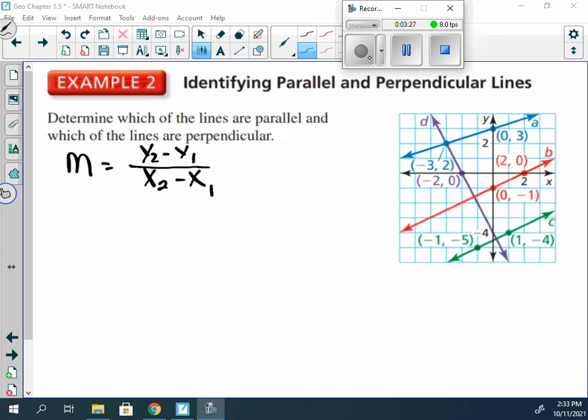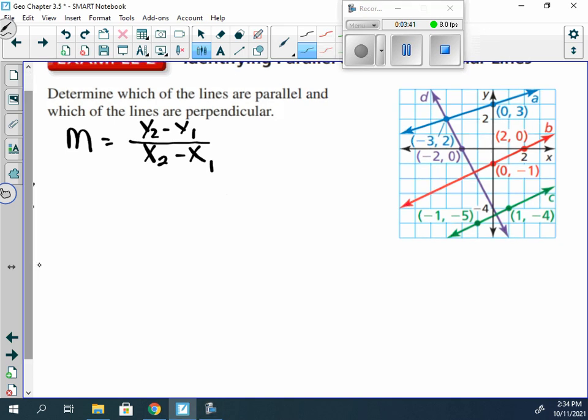To do that, we need to find the slope, because if I can figure out the slope of each line, the slopes that are the same will be parallel, and the slopes that are the opposite reciprocal, or the opposite and flipped, will be perpendicular. So we can use our slope formula, y2 minus y1 over x2 minus x1. Now we can find the slope of line A first.